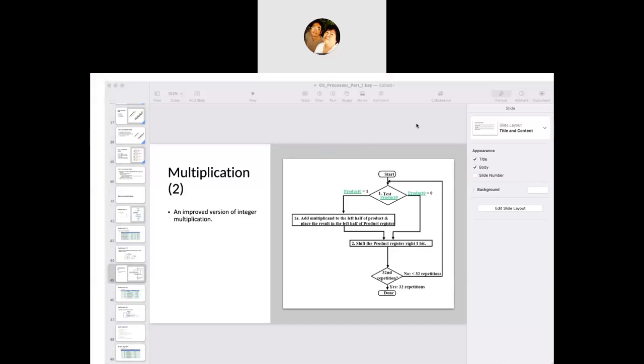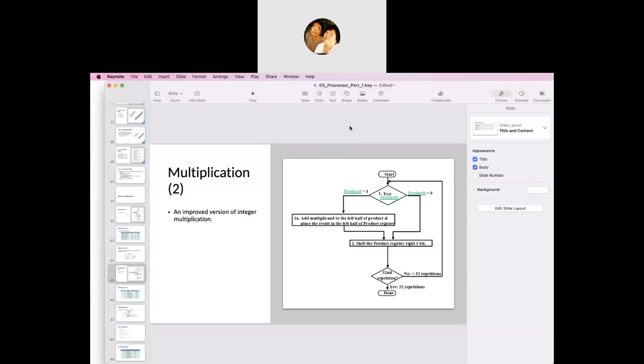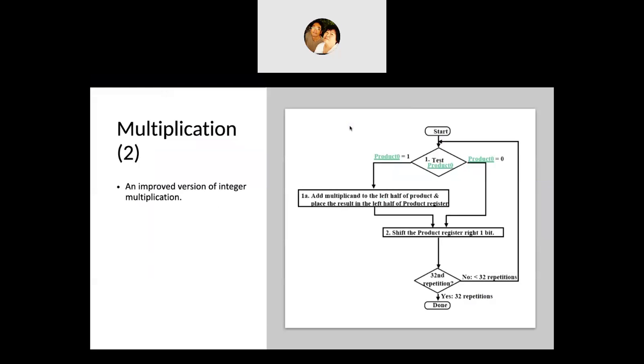Okay, we are going to continue our discussion on the multiplication algorithm. The next one is the second algorithm. Look at the improved version of the multiplication algorithm here.